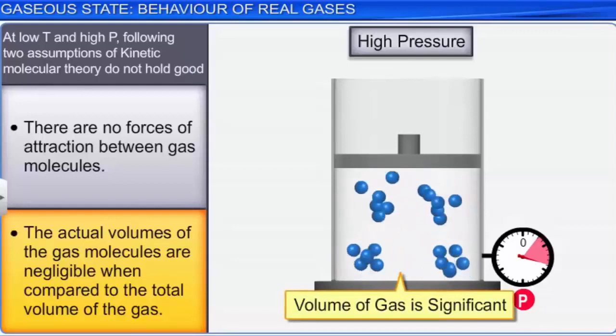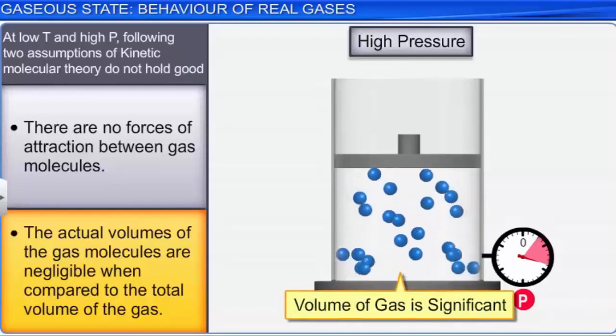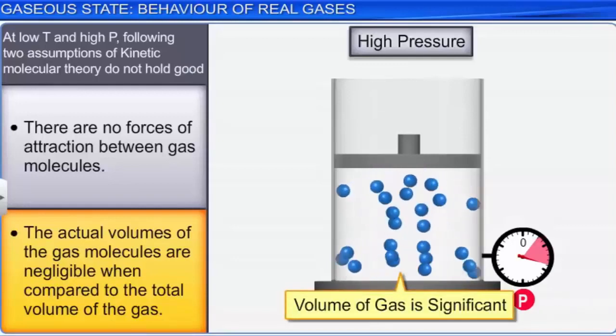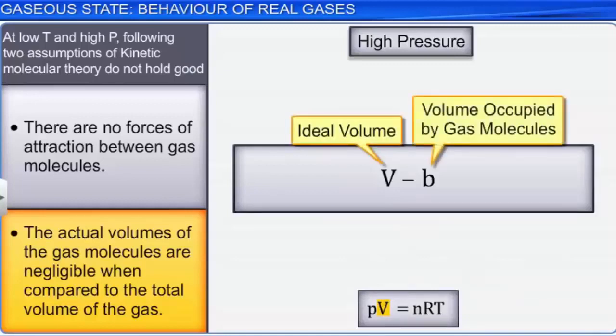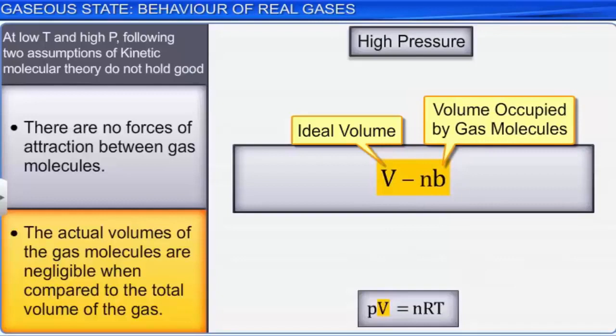Hence, the volume V in the ideal gas equation is corrected as ideal volume minus the volume occupied by gas molecules, that is, V minus b, and for n moles of the gas, it is V minus nb. b is the excluded volume, which is constant and characteristic for each gas.